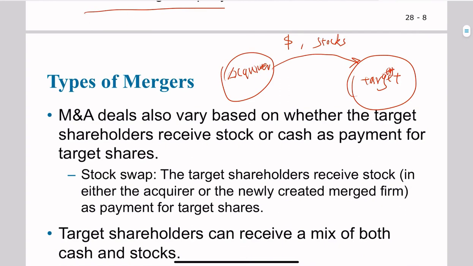Generally, the stocks will be the acquirer's stocks or the merged firm's stocks. This is also called a stock swap. Basically, the target shareholders will receive the acquirer's stock as payment for target shares.